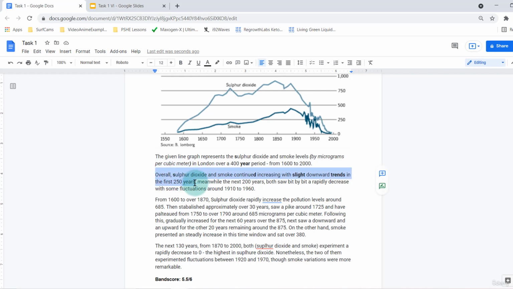Maybe we could rewrite this. Let me take a look and we can think about rewriting it, or I may just leave it in. Overall, sulfur dioxide and smoke continued increasing with slight downward trends in the first 250 years. Okay, I'm going to leave that in, but I would like you to remember that possibly that's not really answering the question because it's reporting something that might not be true. 50, 100, 150, 200, 250.